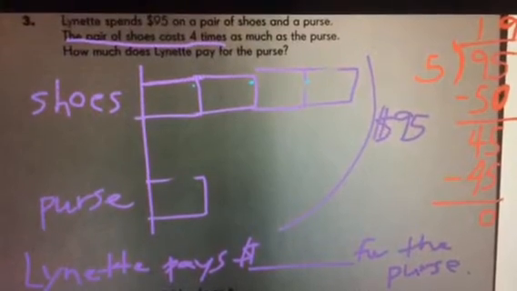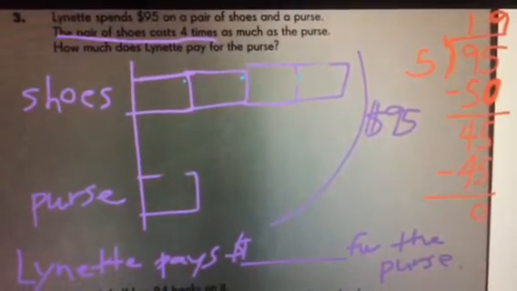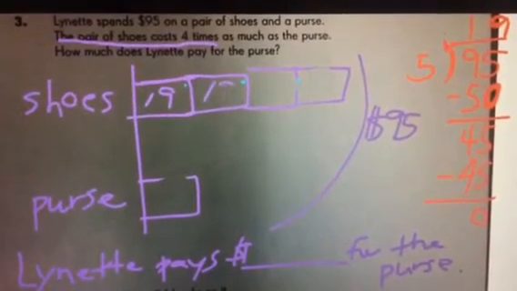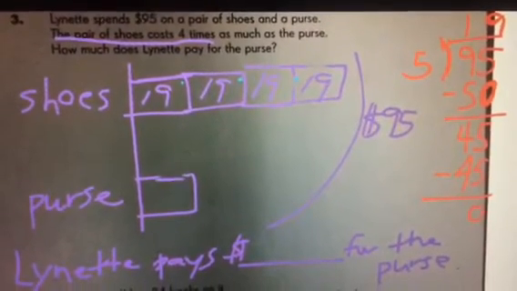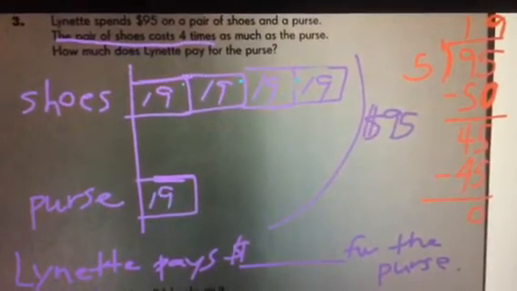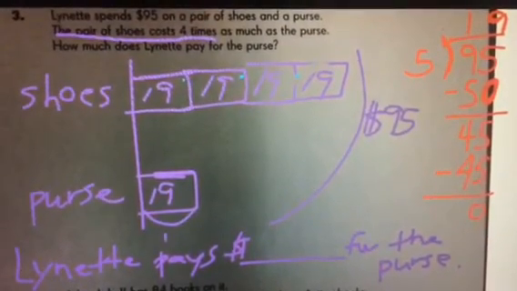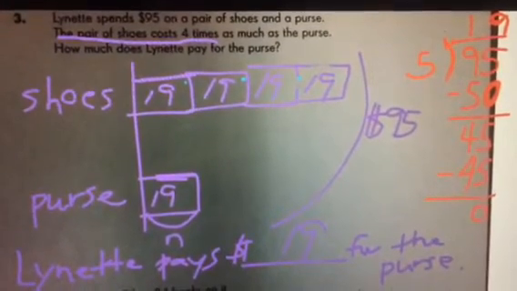Okay, so you found out that each unit was $19, which means this is 19, this is 19, this is 19, and this is 19, and this is 19. Boys and girls, this is your unknown number. The answer is $19.